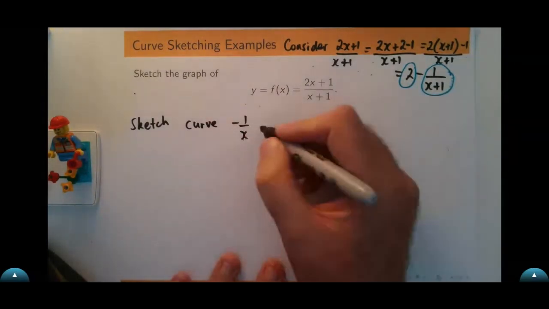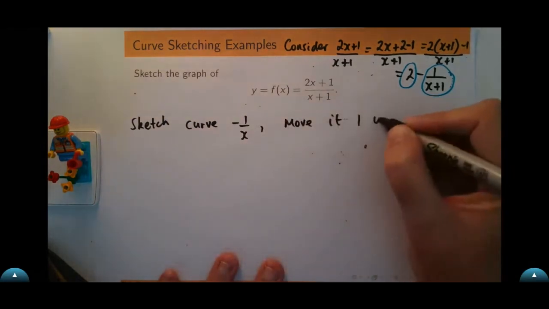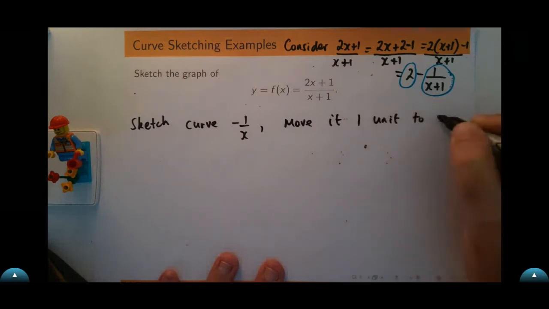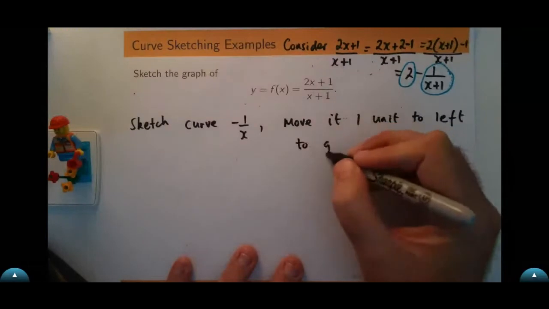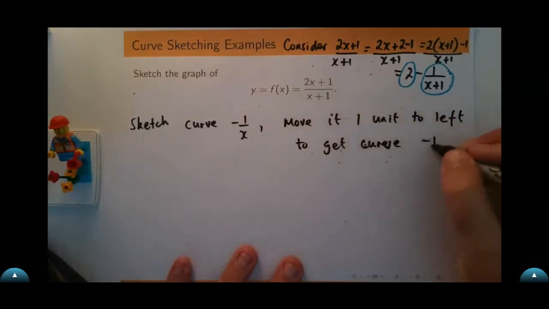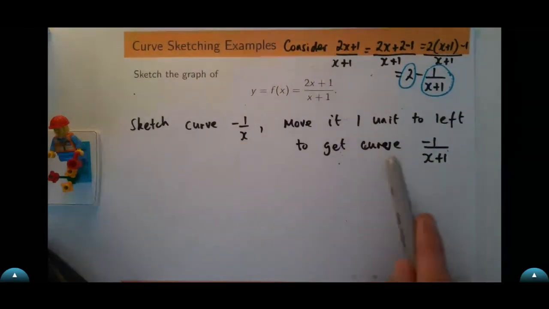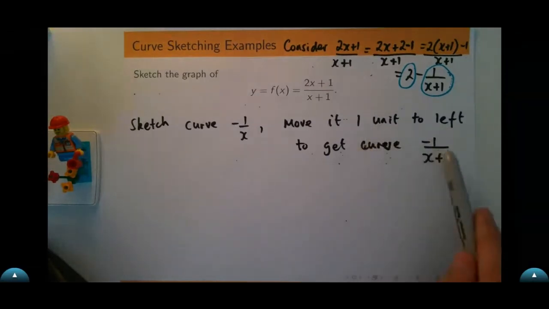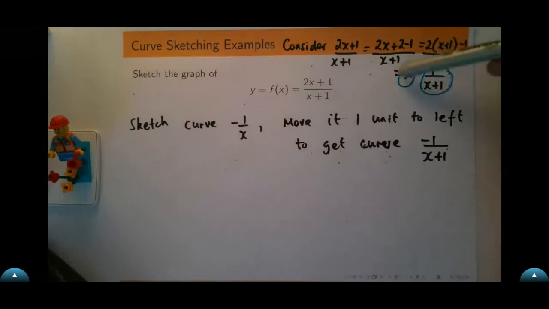And then if you sketch that curve and you move it 1 unit to the left, you get that curve. So how can we go, let me know in the chat, from the graph of this to the graph of this? What might we do?